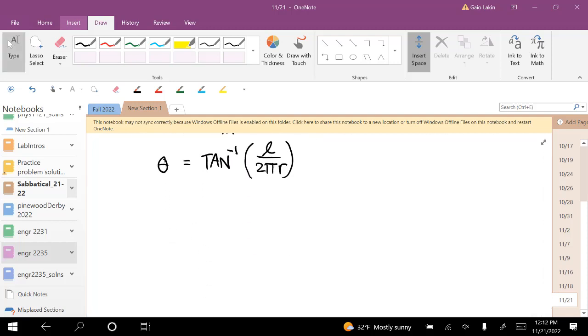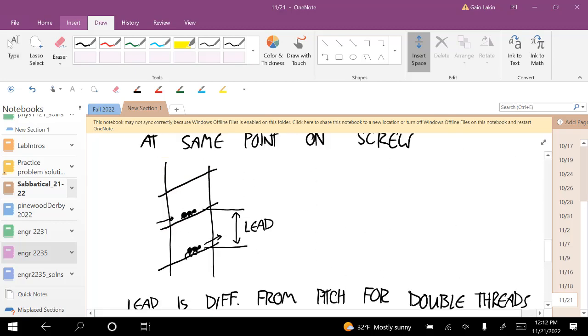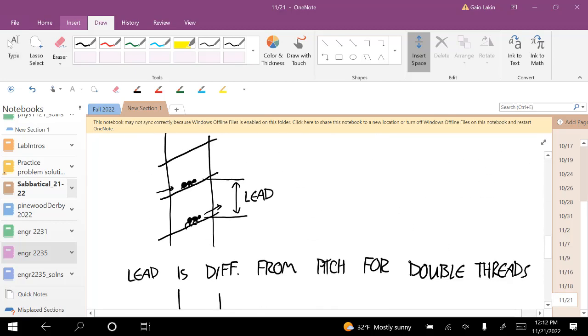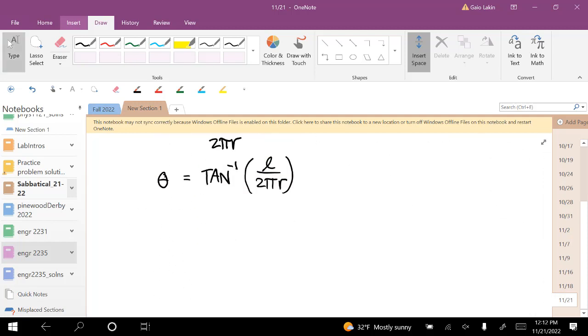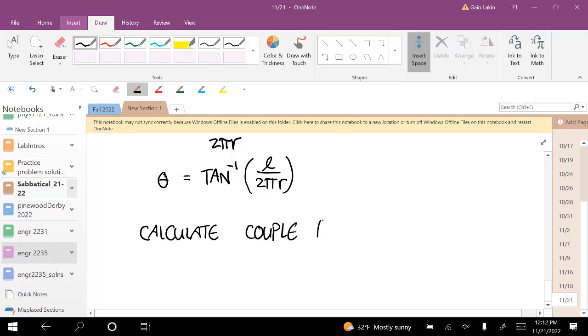And then the other thing we have to do is that force Q, so we want to calculate the couple M required for motion, rather than the force Q.